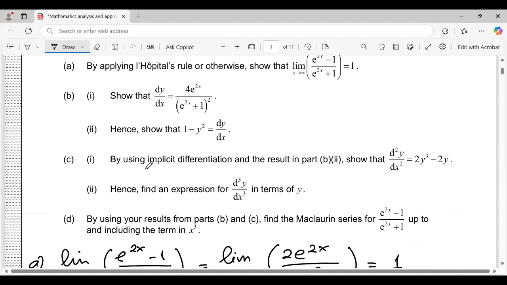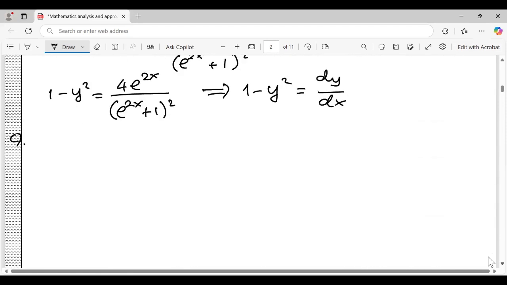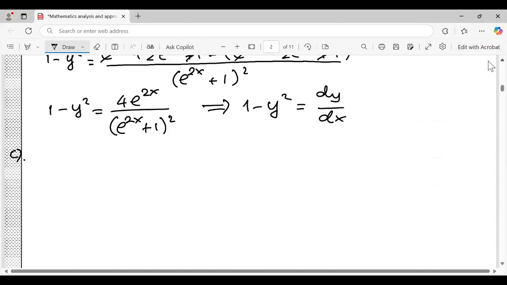Next question, part C. By using implicit differentiation and the result in part B2, show that the second derivative equals y cubed minus 2y. Okay. So according to this information, dy/dx equals 1 minus y squared.